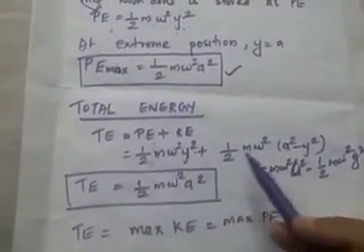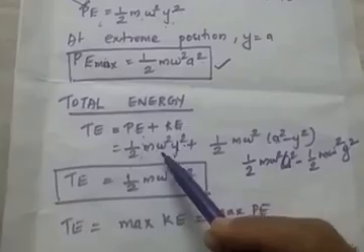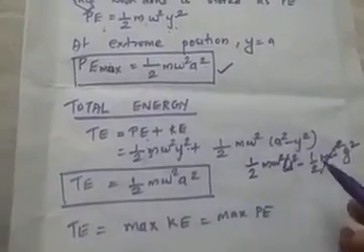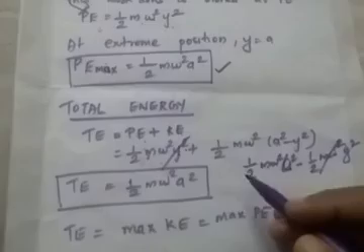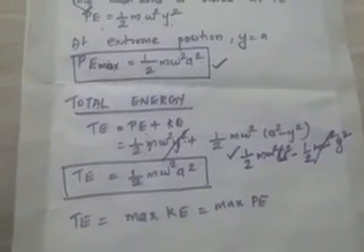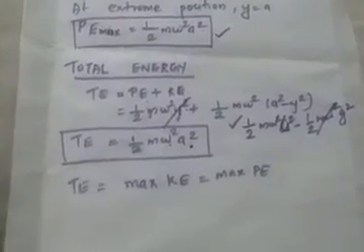Whenever you add, you can cancel like terms. Here you have half m omega square y square, and here you have minus half m omega square y square. So they will cancel and you will be left with half m omega square a square. So the total energy will be half m omega square a square.